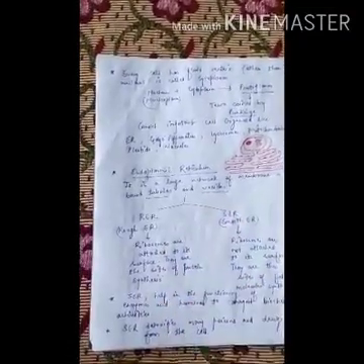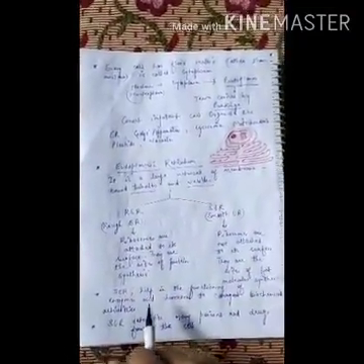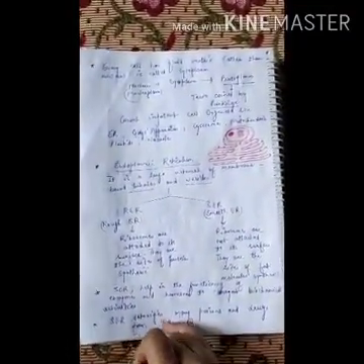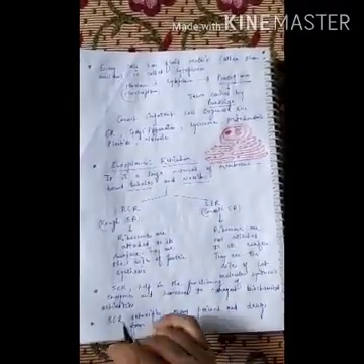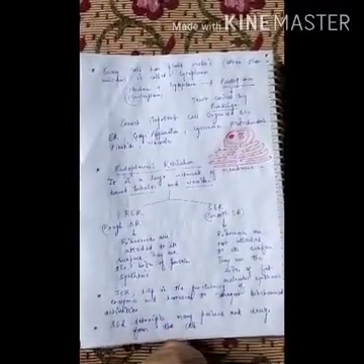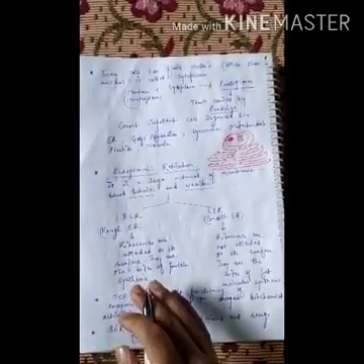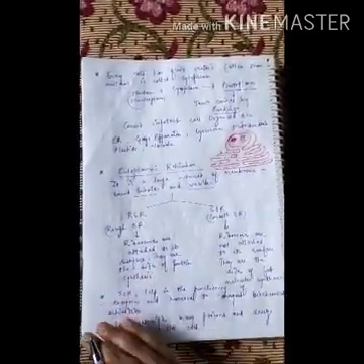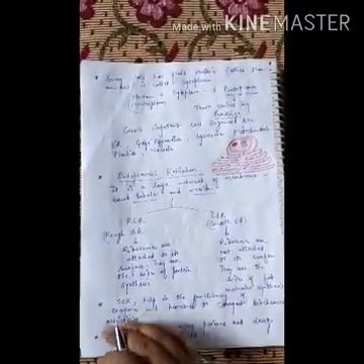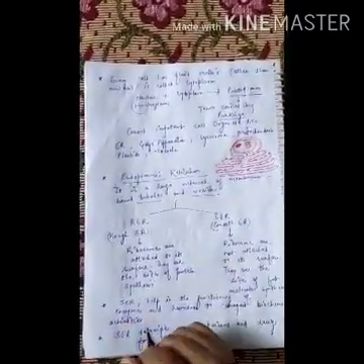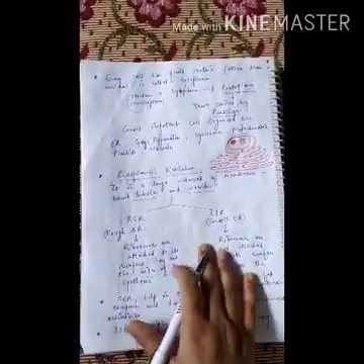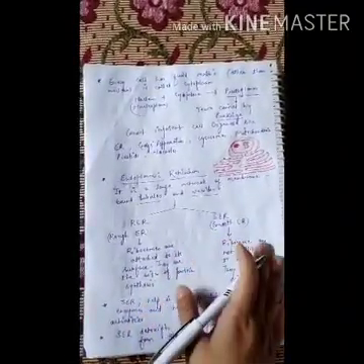Now, SER helps in the functioning of enzymes and hormones to carry out biochemical activities, and also detoxifies many poisons and drugs from the cell. So this is the main function of SER, smooth endoplasmic reticulum.